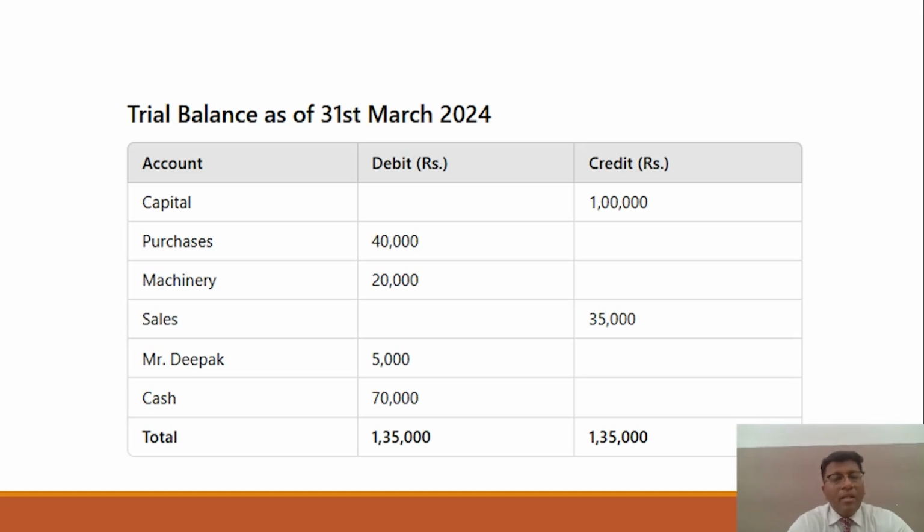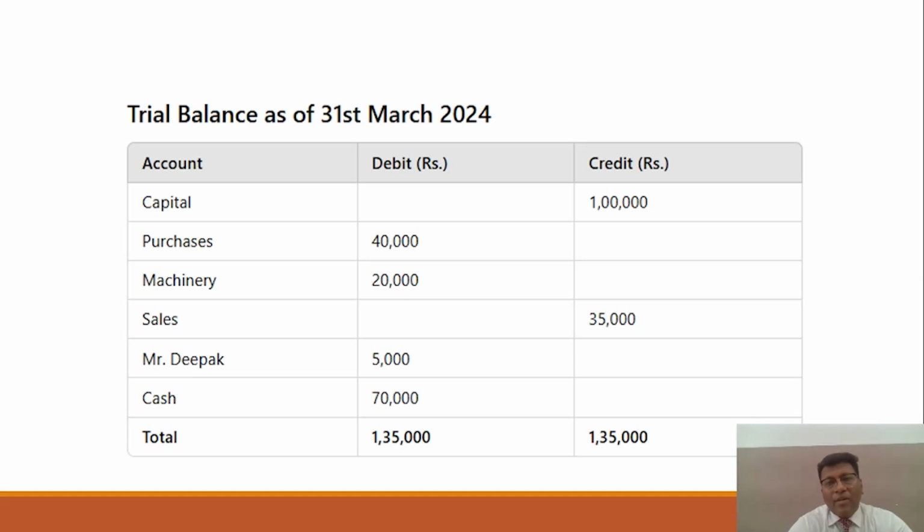It is worth mentioning that if you are going to prepare the trial balance, there are methods of preparing the trial balance, and in the next lecture I would be covering that part also, right? So today we are discussing the role of the trial balance, how to prepare the trial balance, exactly what is the need of the trial balance, right?